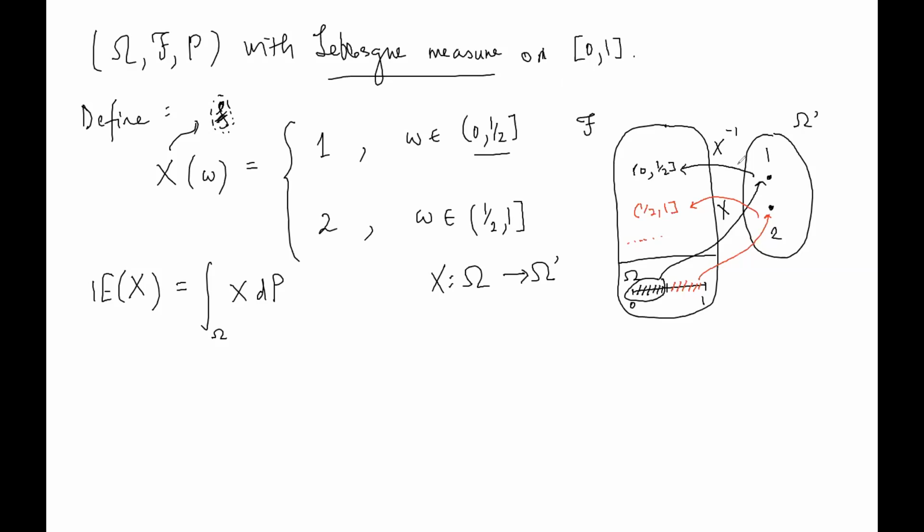So your 1 maps back to 0, 1/2, and this one maps back to the interval 1/2 to 1. Therefore you can assign a Lebesgue measure. The Lebesgue measure of 0, 1/2 is simply 1/2, the length, and the Lebesgue measure of 1/2 to 1 is simply 1/2. So basically what happens here is the following.